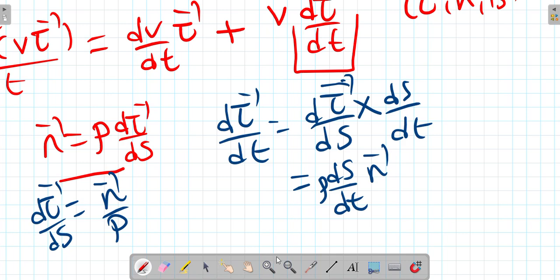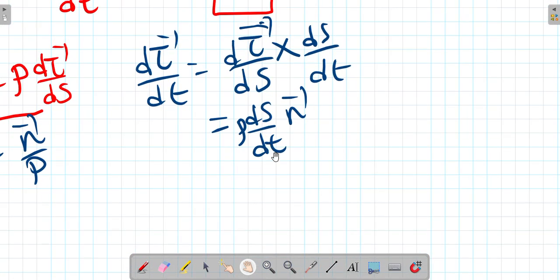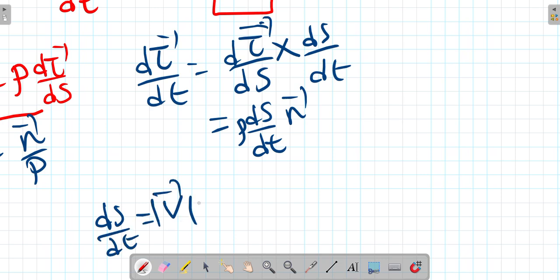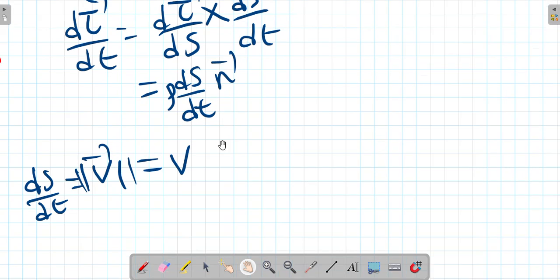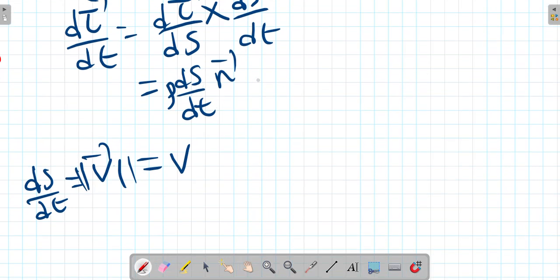Now, what did we say ds over dt is? We said that ds over dt is none other than the magnitude of the vector vitesse, which is just represented by v. So our expression is going to be v over rho, n.